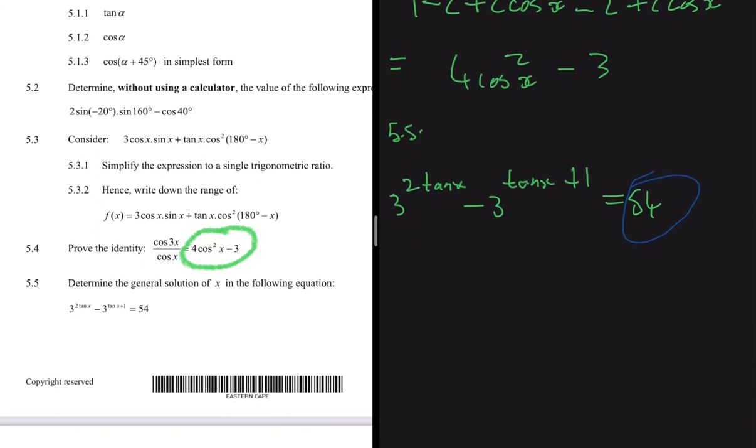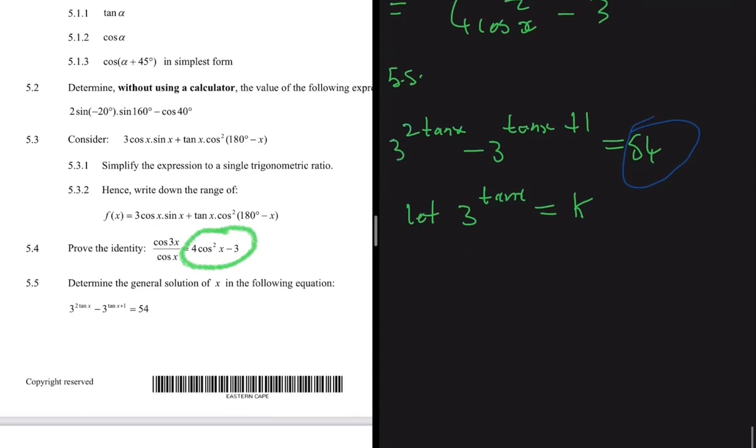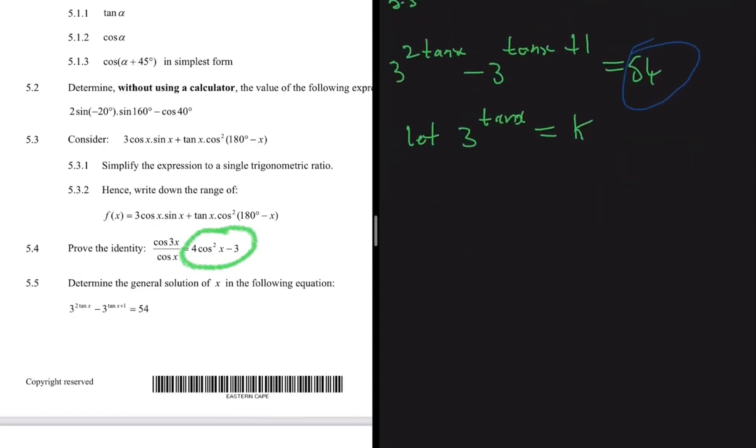So let 3 to the tan x be equal to k, because 3 to the tan x is a lot to process, but k is simple and straightforward. In place of 3 to the power 2 tan x, we just get k squared. You can work that out and see if it makes sense.